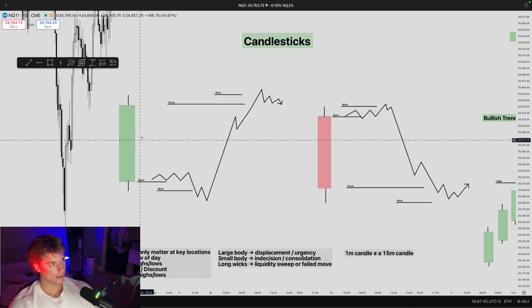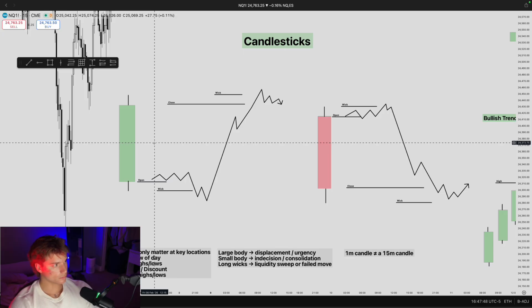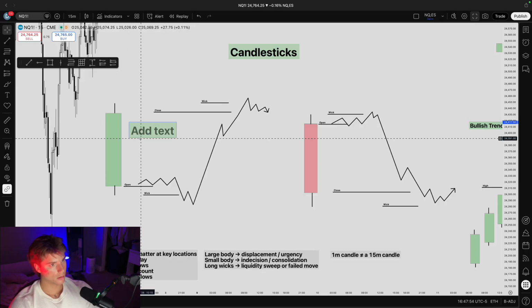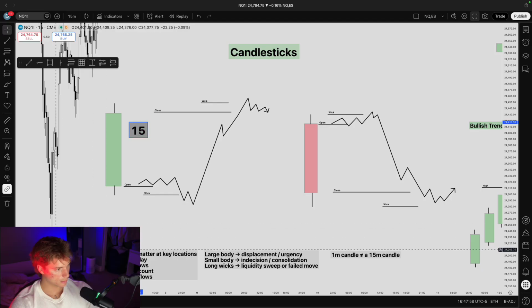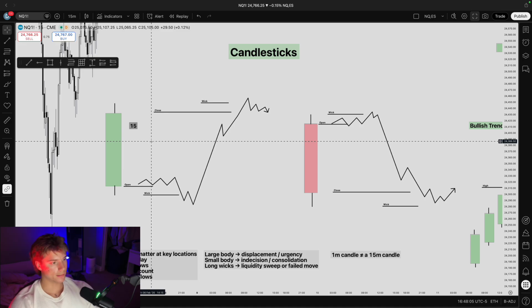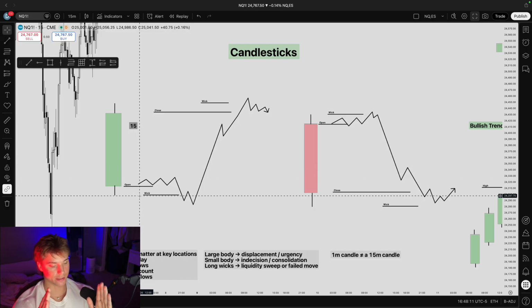So let's say that this is a 15-minute candle. We'll make it black and reduce the font. So, a 15-minute candle. This means, let's say it's 9 o'clock. This candle represents from 9 to 9:15.